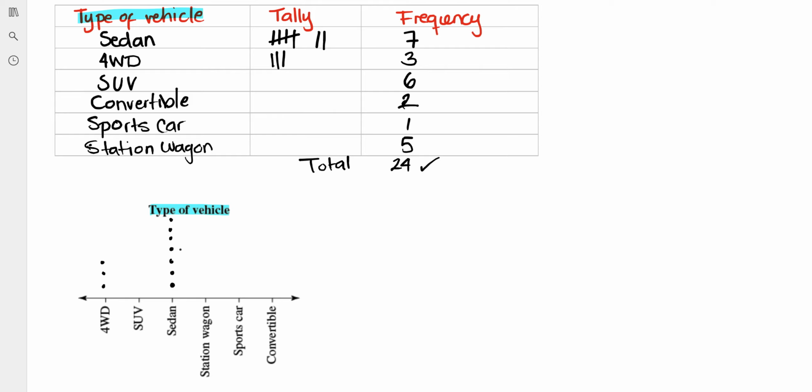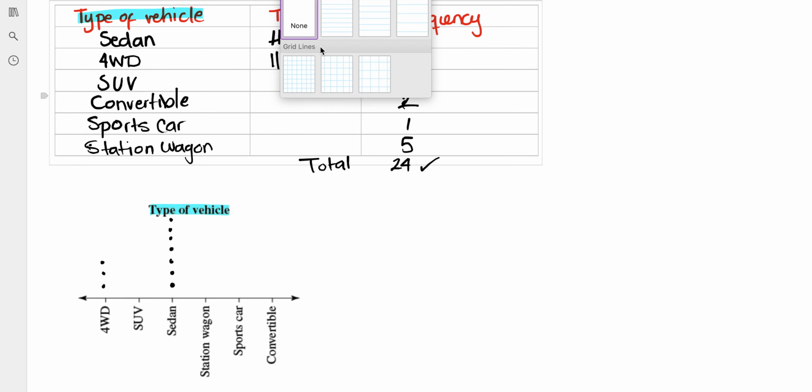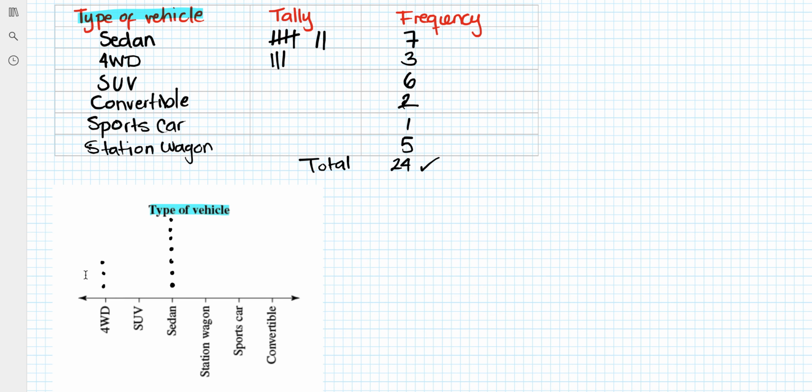Otherwise, it's not going to be obvious. If you have grid paper, I can put grid paper here, but it's not going to work because this is a picture. But if you had something like this, you have to be careful when putting your dots. You just go 1, 2. That will be much easier for you. Then you have underneath the 4WD, and then the SUV.